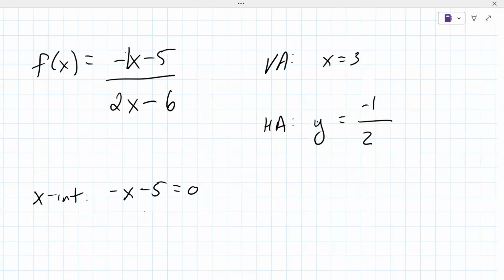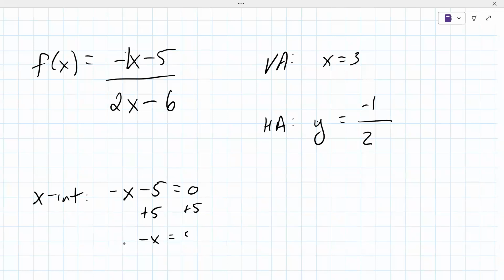What did you add to both sides? Sourish, what did you add to both sides? I added a 3. Why 3? There are no 3's in here. I added a +5. Okay, so you added 5 to both sides.